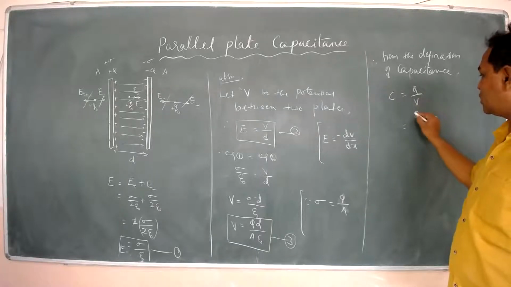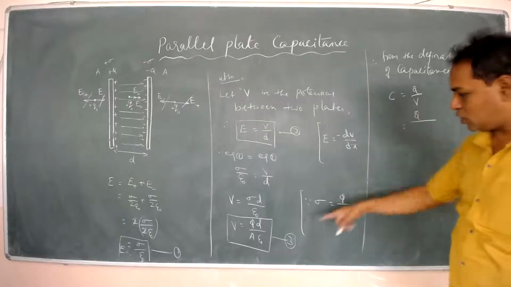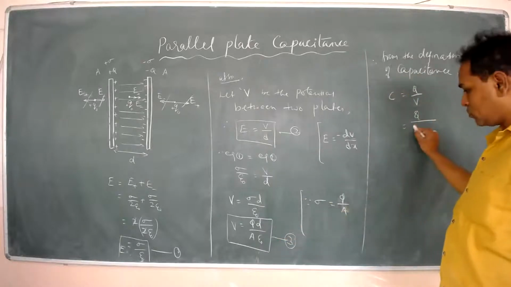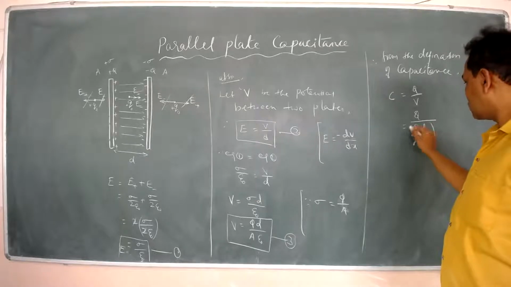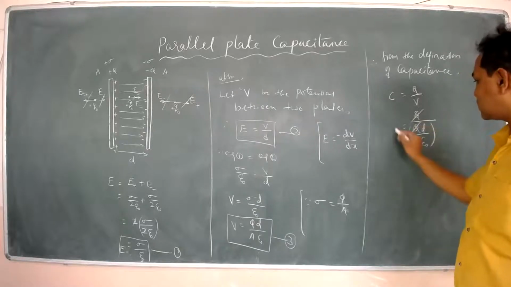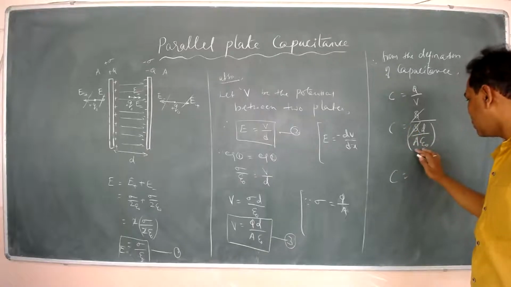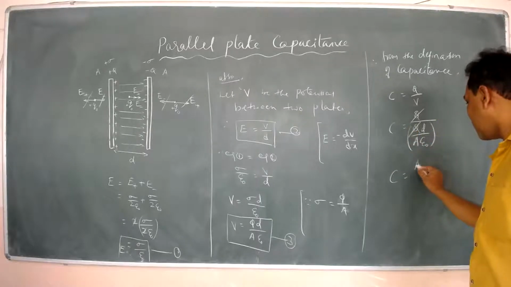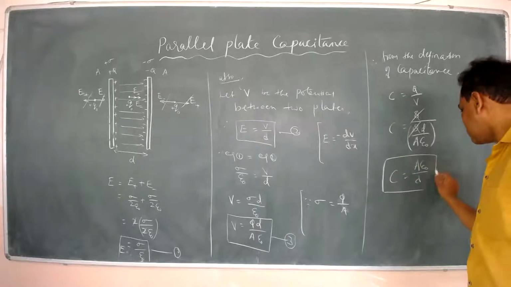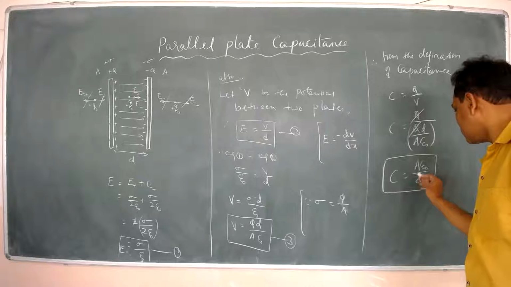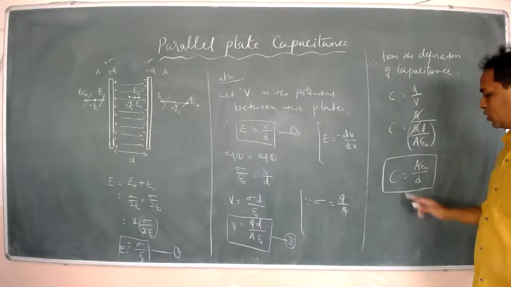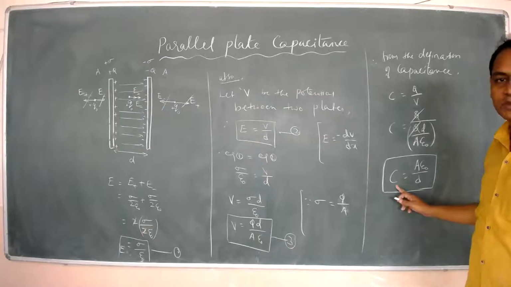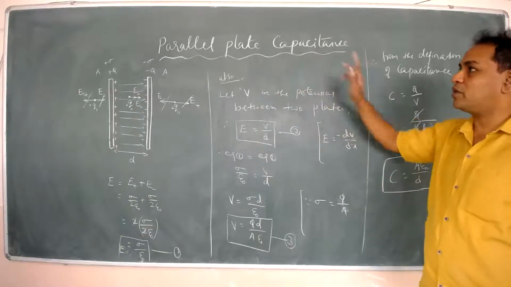What is V here? From equation 3, V is Q D by A epsilon naught. Here Q will get cancelled. Therefore, C is equal to A epsilon naught by D.